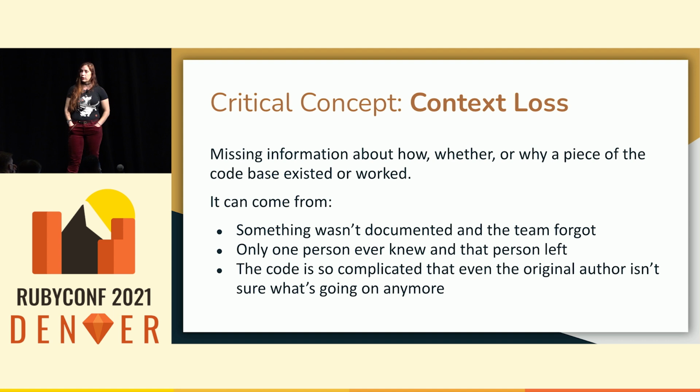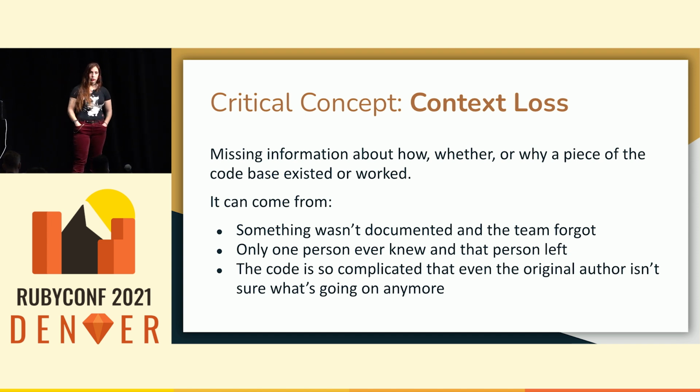And then I would get in that code base and I would realize this code isn't that bad. It's just nobody here knows how it works. That's context loss. It's missing information about how, whether, or why a piece of the code base existed or worked.